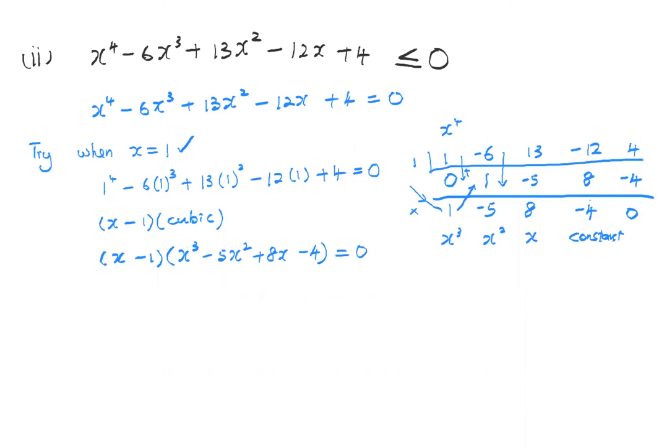Now you can say that x minus 1 equal to 0, x equal to 1, or x cubed minus 5x squared plus 8x minus 4 equal to 0. This one you can get the answer from the scientific calculator, correct? So now you get it from the scientific calculator.